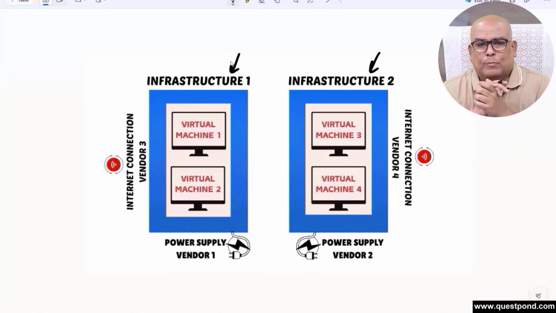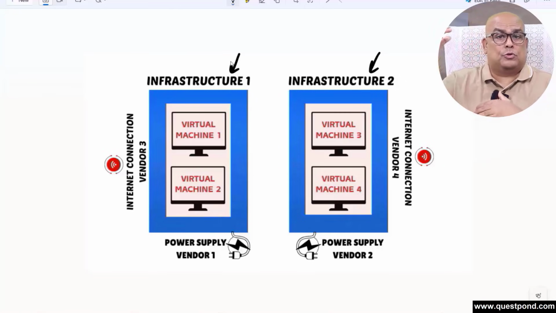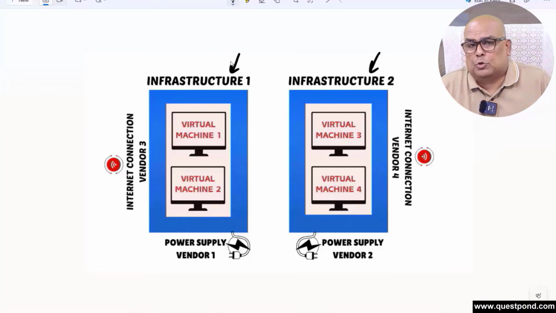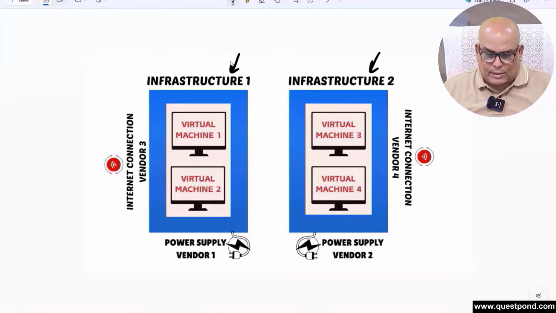Decoupled infrastructure means what, right? See, infrastructure can be a building where your virtual machines are residing. Infrastructure can be two floors. So you can say the top floor is infrastructure 1 and the bottom floor is infrastructure 2, right? But one special characteristic of a decoupled infrastructure is that, for example, in this infrastructure 1, the power supply is coming probably from Adani, vendor 1, right?